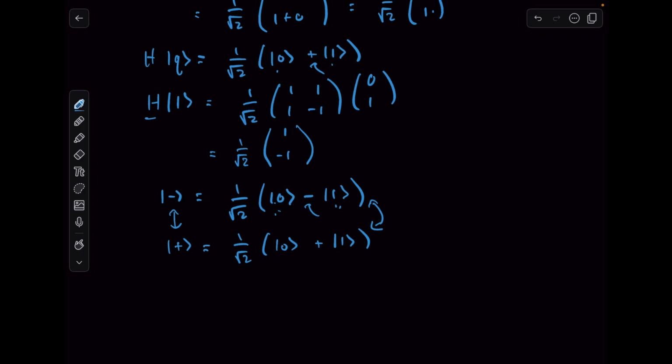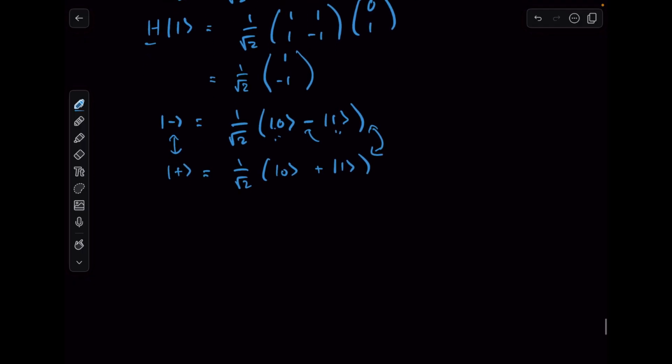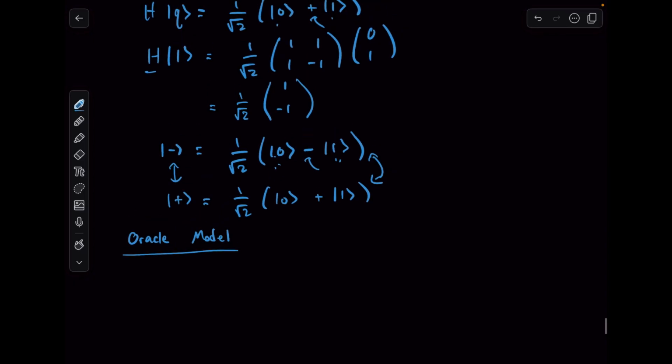So we've introduced this Hadamard transform. In the next video, I'm going to introduce something called the Oracle model of computation. And this is the standard formalism that quantum computing began with to actually observe what we could compute with quantum computers.